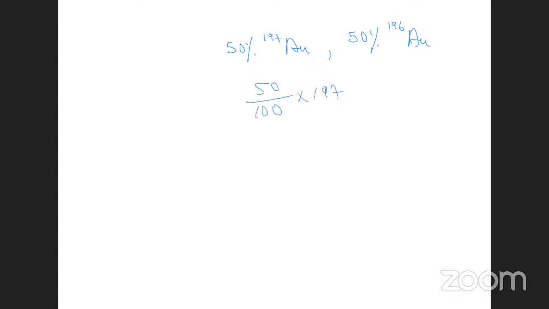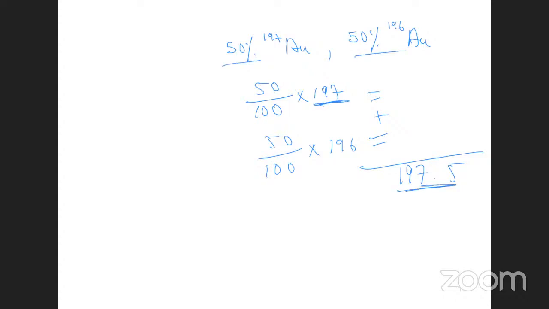Add these two together, 197.5. Now here, what is in abundance? Both are equal, 50%, because if you take this value, the difference between 197 and 197.5 is 0.5. And 196 and 197.5.